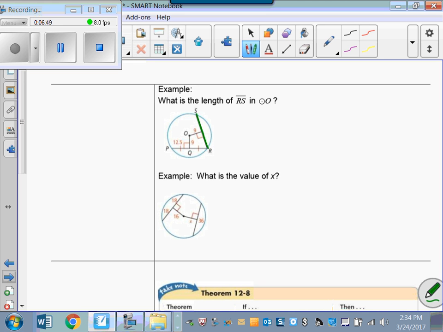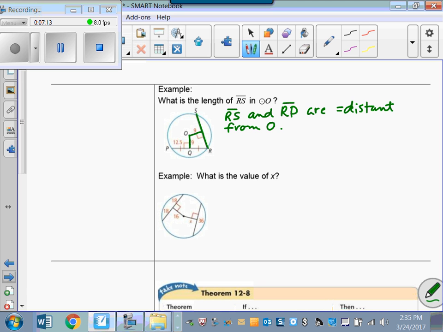I know that RS and RP are equidistant from the center. The center is O. Equidistant, because they've marked it as perpendicular and they both measure 9.